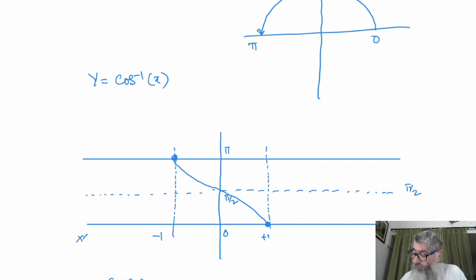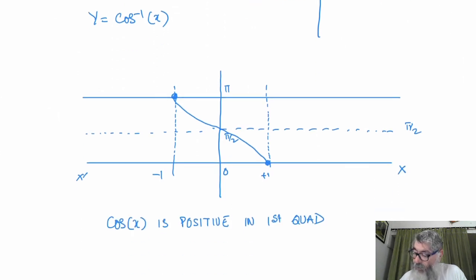Again, cos x is positive in the first quadrant. Cos x is negative in the second quadrant.